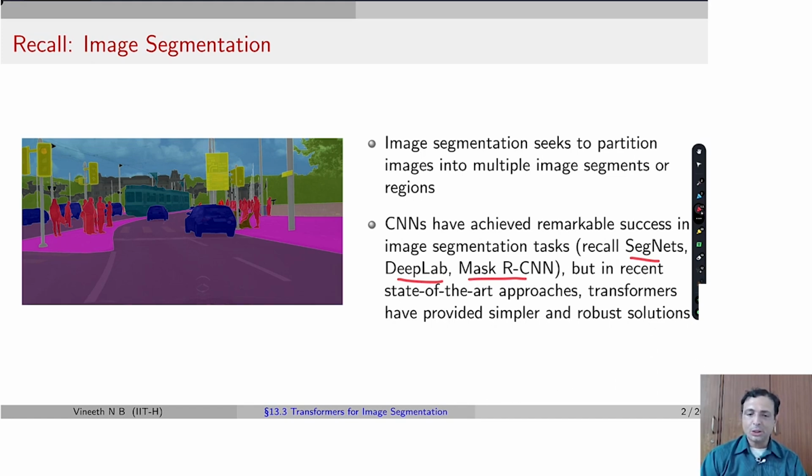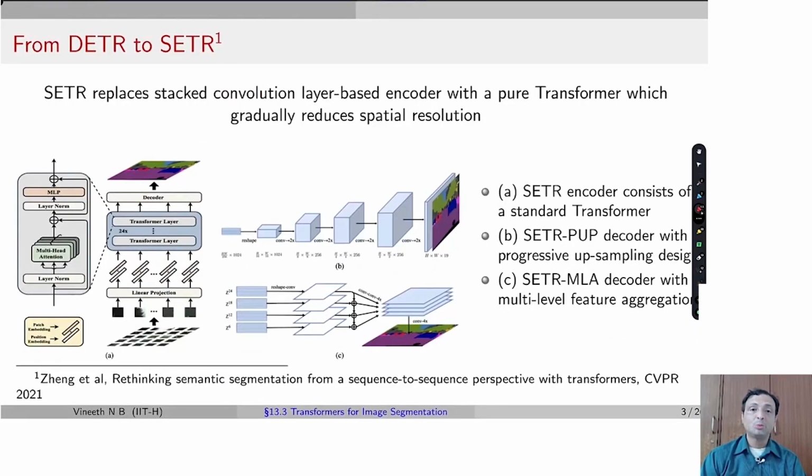In the previous lecture, we spoke about object detection and we spoke about the DETR framework for object detection. A natural follow-up to ask is, can we go from end-to-end object detection to end-to-end semantic segmentation, which led to one of the earliest papers on transformer-based visual segmentation called SETR.